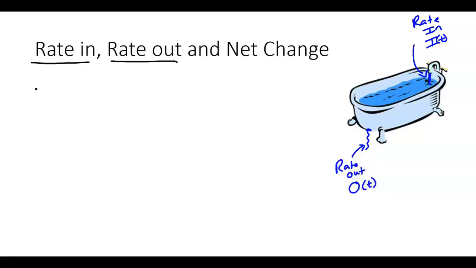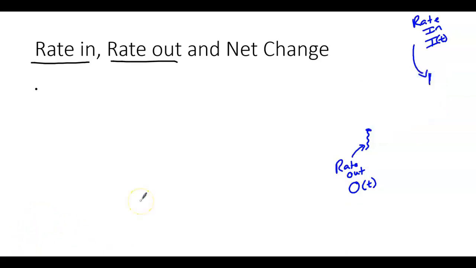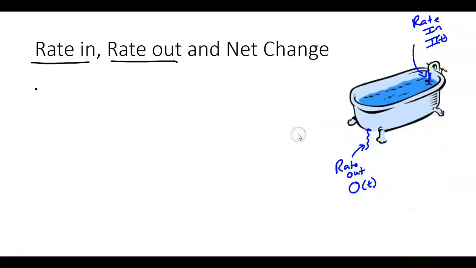So we have two different rates, and they're working against each other, right? One is trying to add water into the tub, and the other one is taking water out of the tub. So that's what we call rate in and rate out. All right.